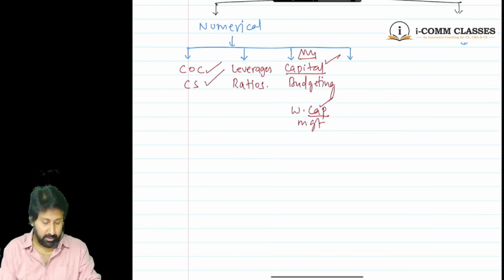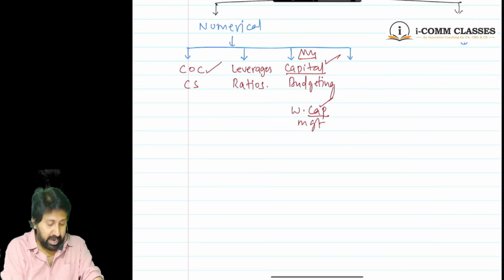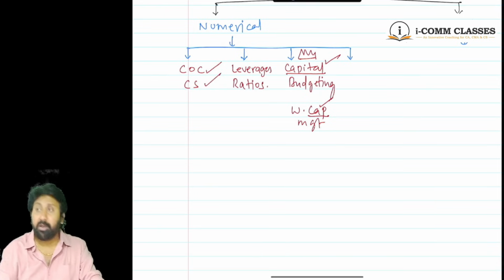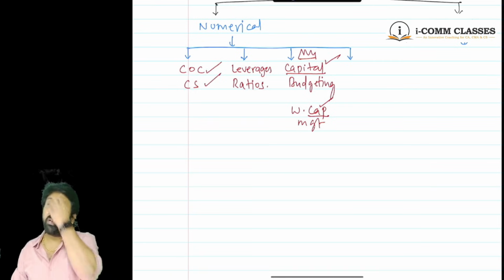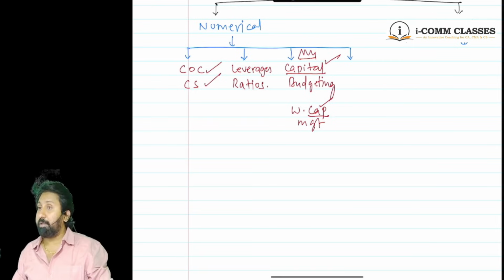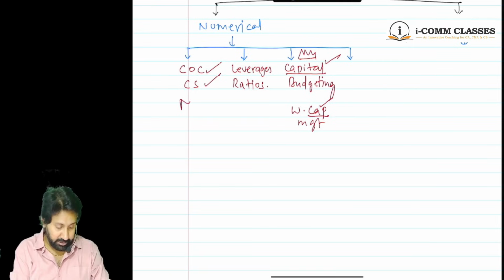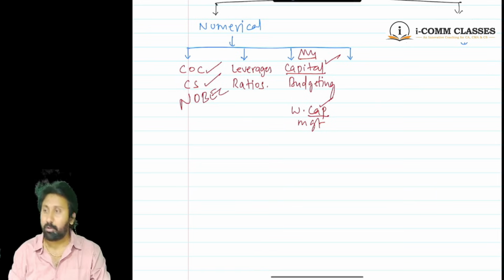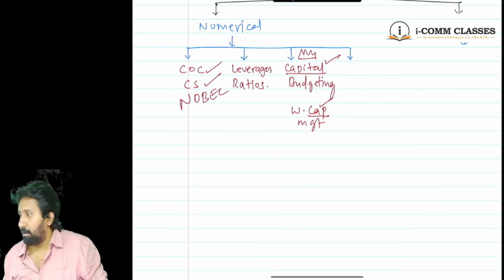Clear? So the next chapter is capital structure theories. In that chapter, we are going to learn great things about economic theories that got Nobel Awards.